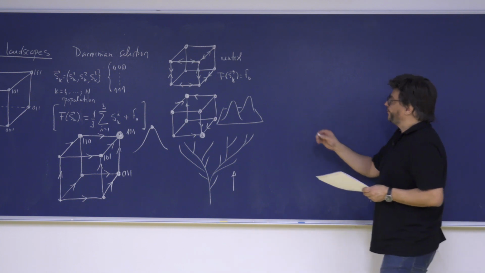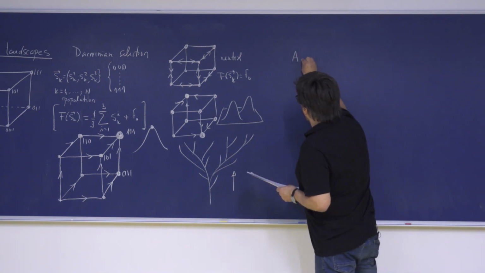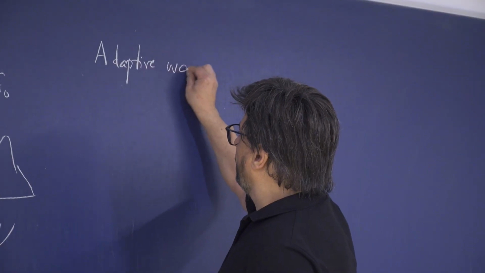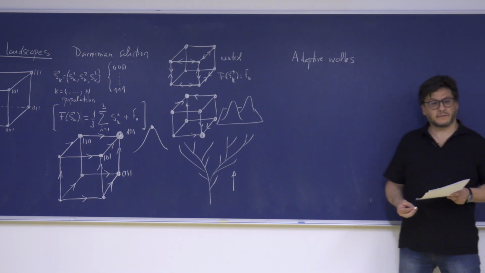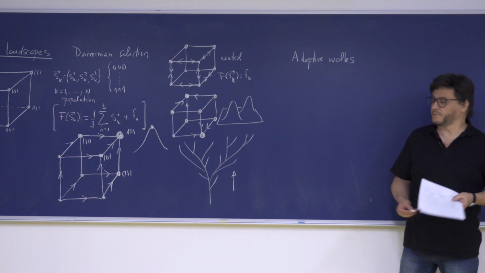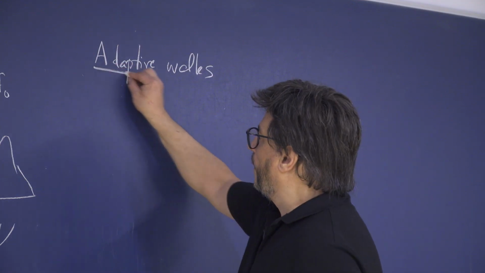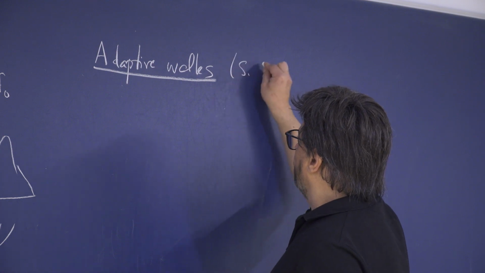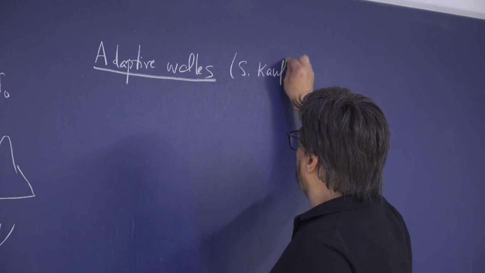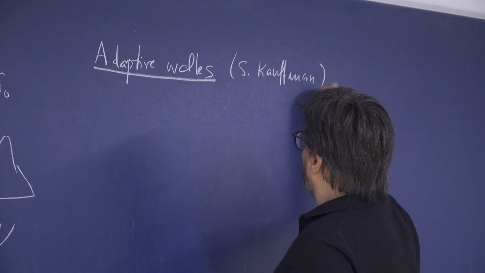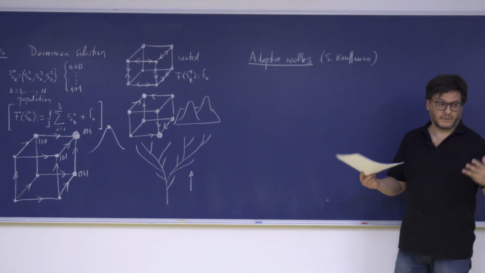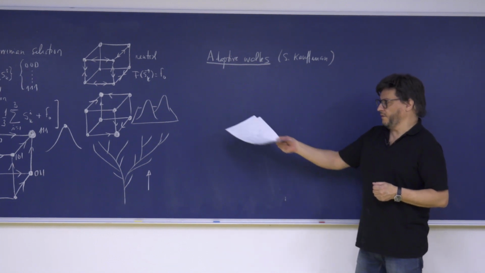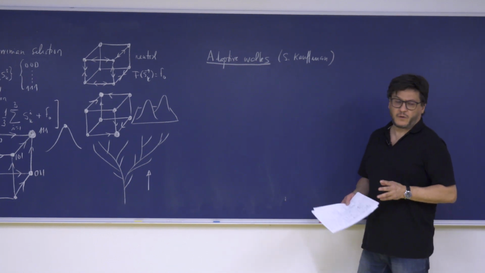And we can do that in many ways. One of the simplest ways of doing that is what's called adaptive walks, right? Adaptive walks were invented by Stuart Kauffman as a simple way of thinking about and exploring evolution in this particular context. How do they work, right?